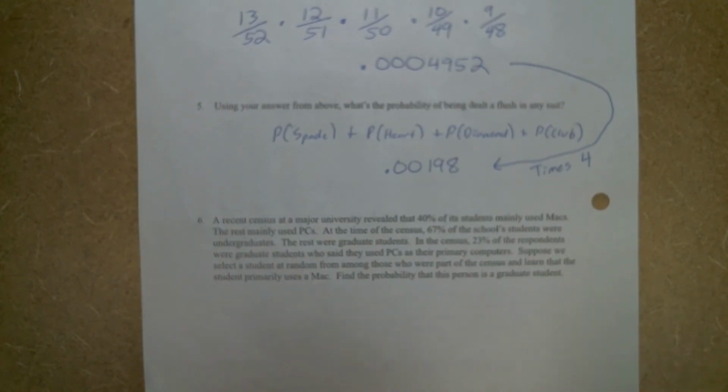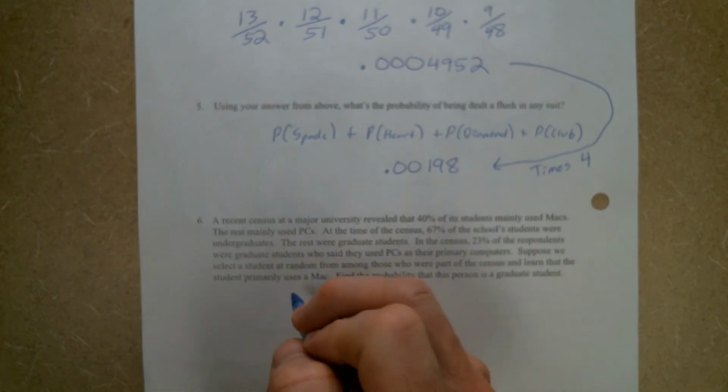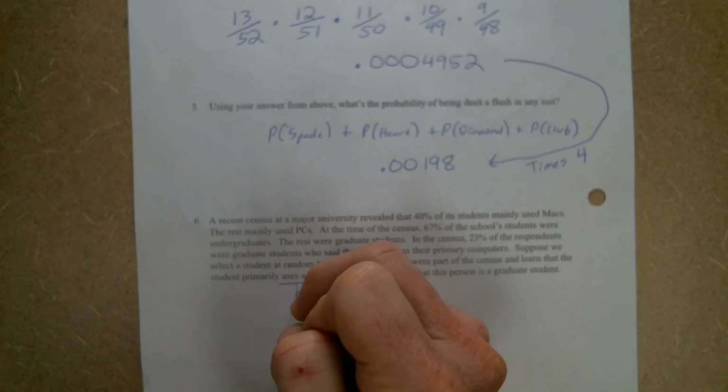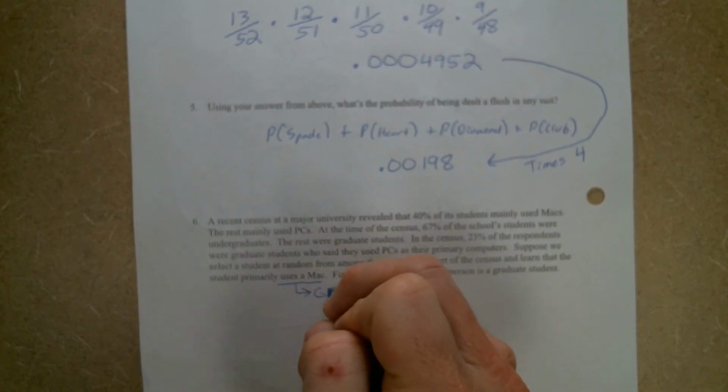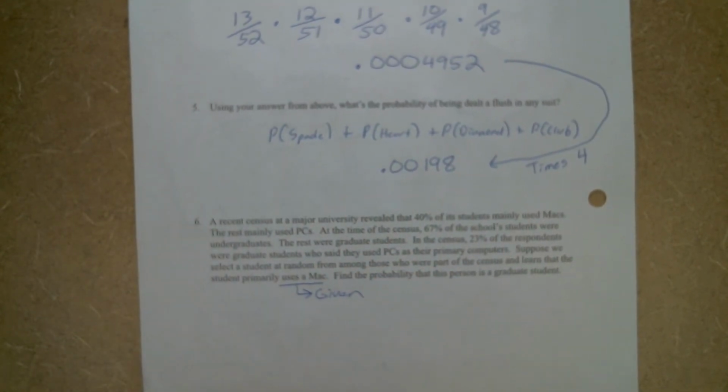All right, so let's focus on this question here. They say, suppose we select our student at random from the census and learn that they use a Mac. So this is now our given. Find the probability that the person is a graduate student.